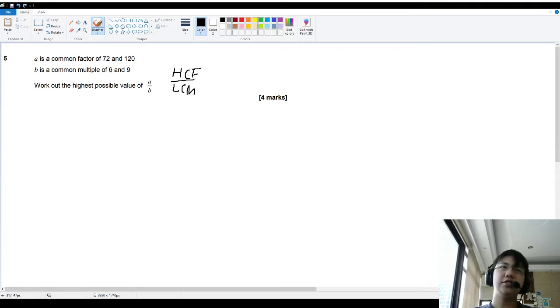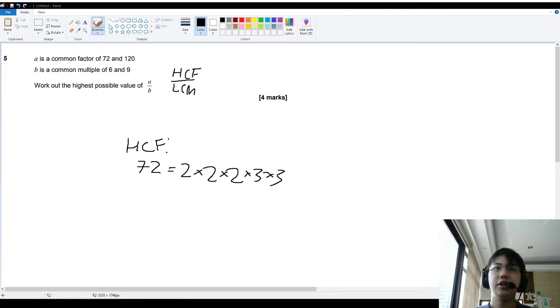So to find the highest common factor of 72 and 120, we first state the factors of 72 and 120, so the prime factors to be exact. So 72 is 2 times 2 times 2 times 3 times 3. You could figure that out on your calculator, or you can just understand that 72 is 8 times 9, which can be simplified into this.